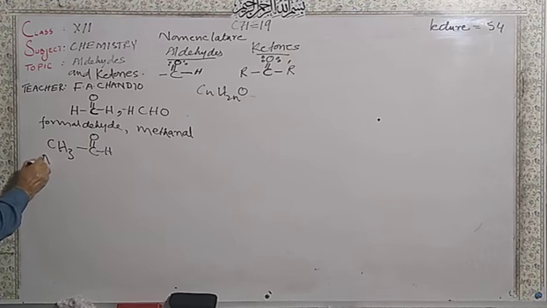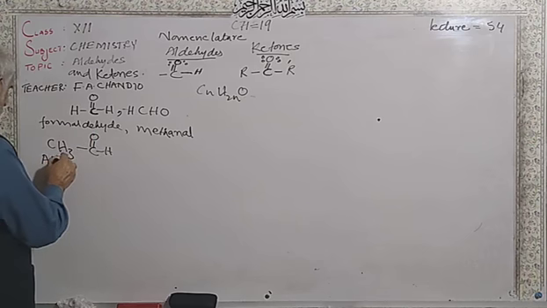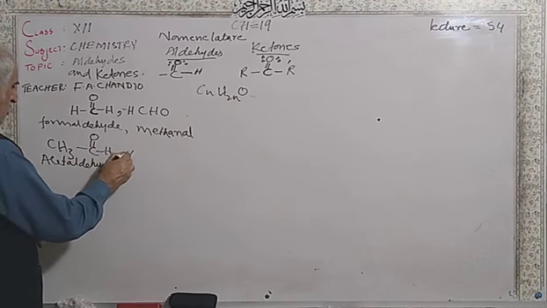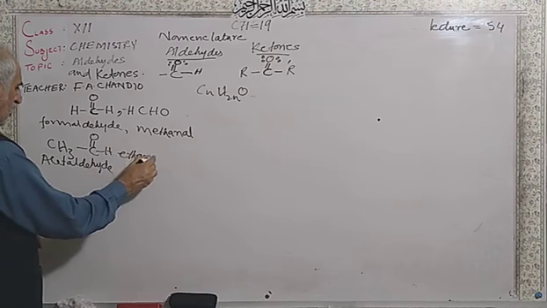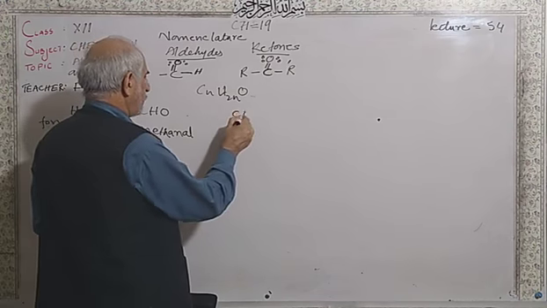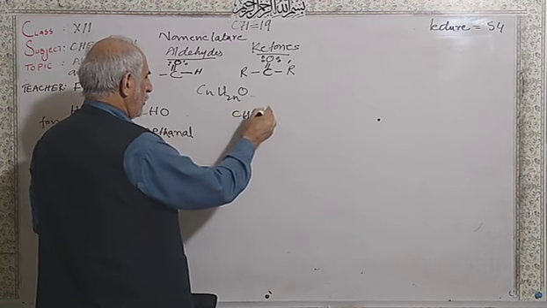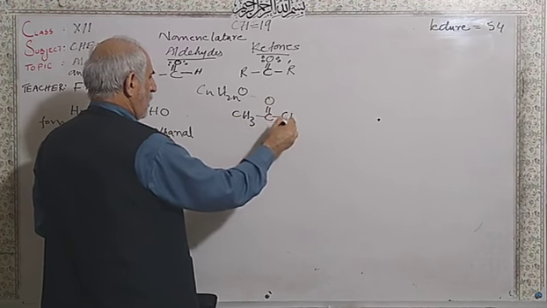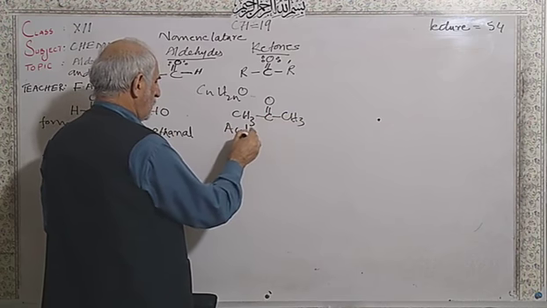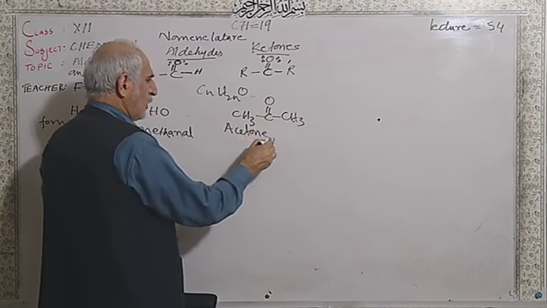This is acetaldehyde, or ethanal. And this is a ketone. This is acetone, the nail polish remover.